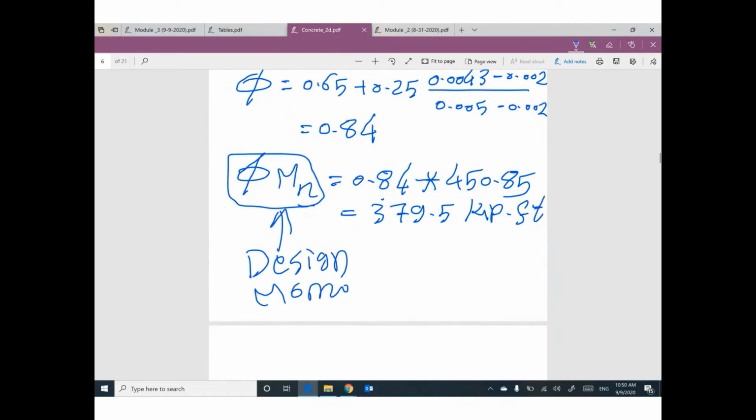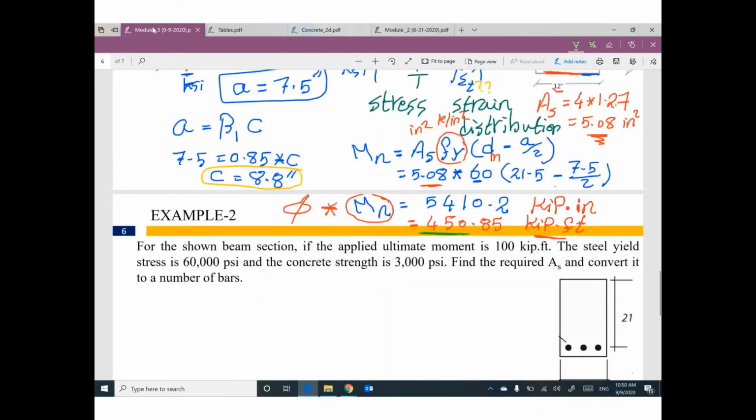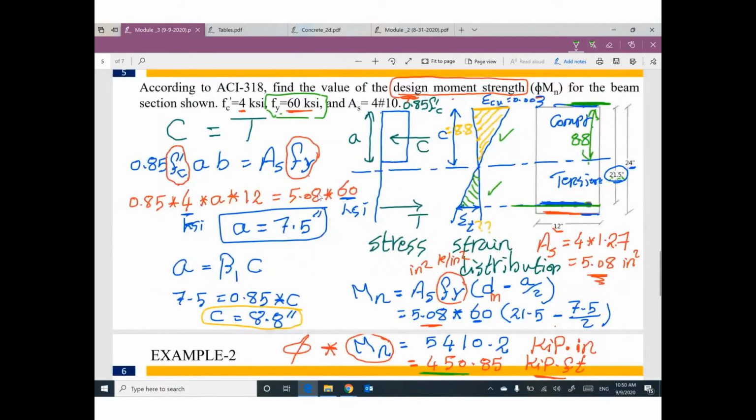So just a very small part we covered today, because all of this stuff was covered last week. How to figure out the value of C, F, and A, how can I figure out the nominal moment, capital Mn. The new part today, we need to reach the design moment. So we need to multiply this nominal value by something called reduction factor, phi.